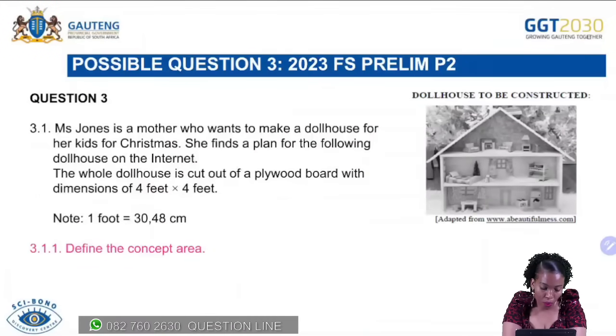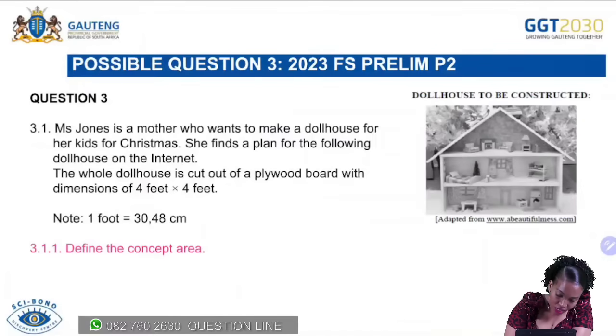Examples of question 3 that we can expect. Mrs. Jones is a mother who wants to make a dollhouse for her kids for Christmas. She finds a plan for the following dollhouse on the internet. The whole dollhouse is cut out of a plywood board with the dimensions 4 feet by 4 feet.